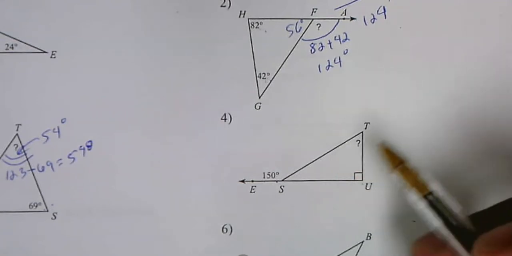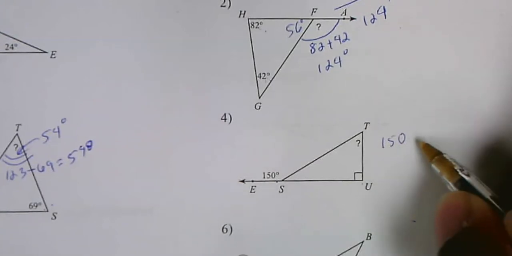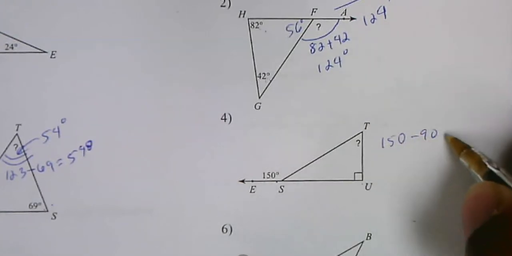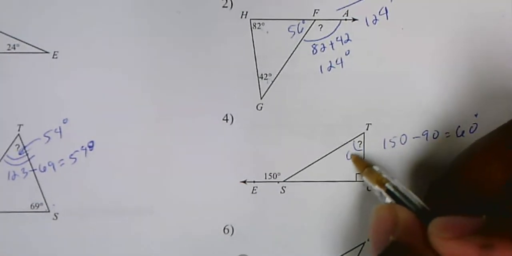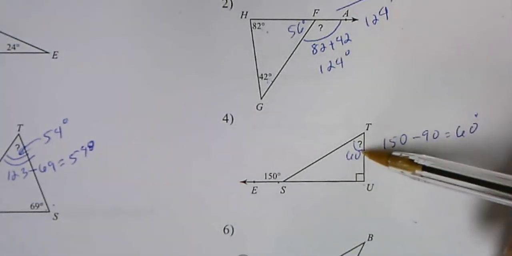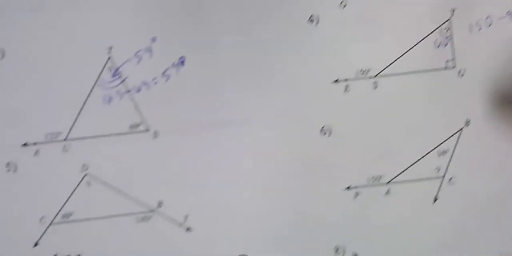Great, so if you paused it, you should have found 150 take away 90, 60 degrees. That means this angle has to be 60 degrees, because 60 plus 90 will give you the 150. Let's try a new one.